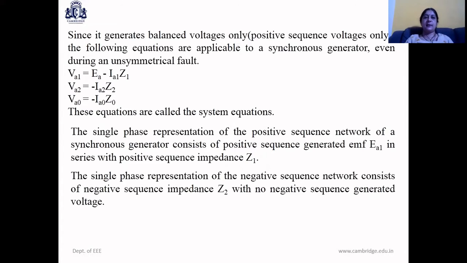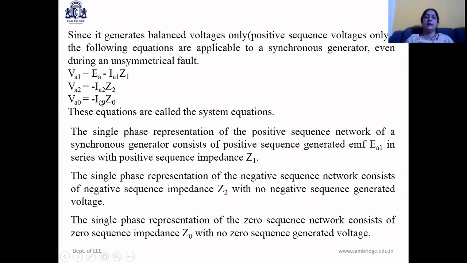The single phase representation of the negative sequence network consists of negative sequence impedance Z2, no negative sequence voltage is generated. The single phase representation of zero sequence network consists of zero sequence impedance Z0 with no zero sequence generated voltage.